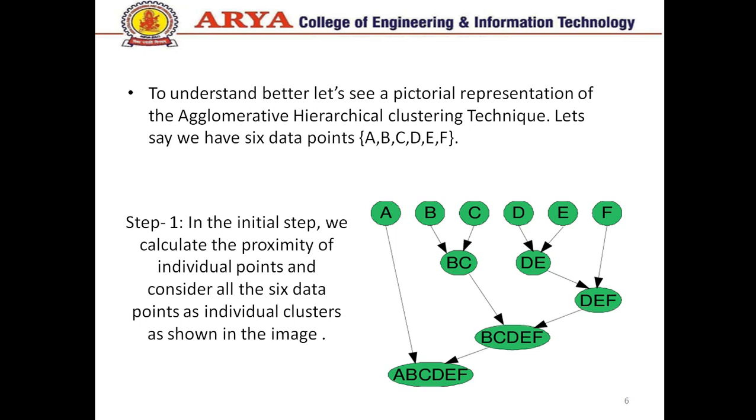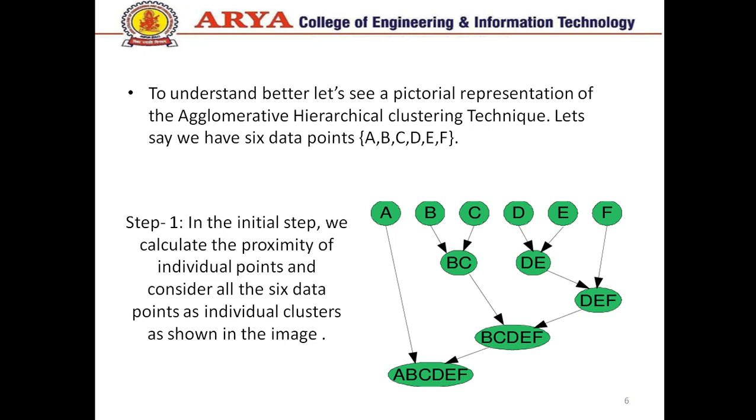So here we can see we have various elements like A, B, C, D, E, F. In this figure, we can move from bottom to top. In the initial step, we calculate the proximity of individual points and consider all the 6 data points.